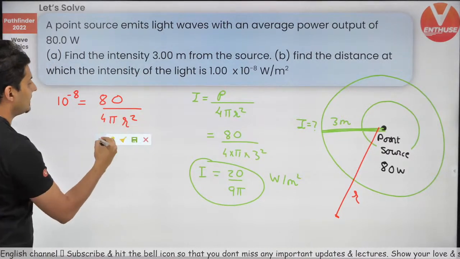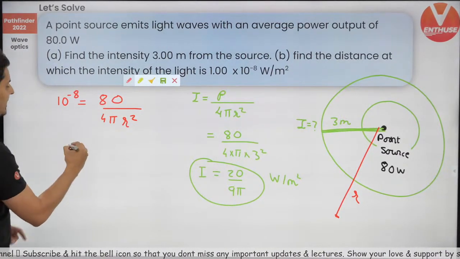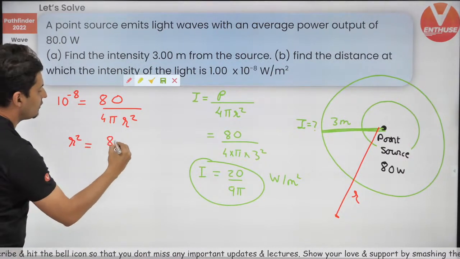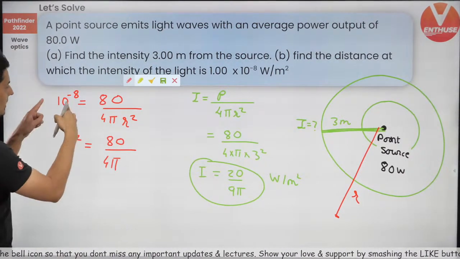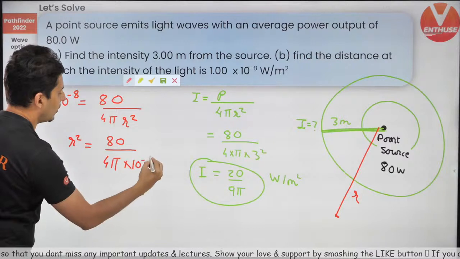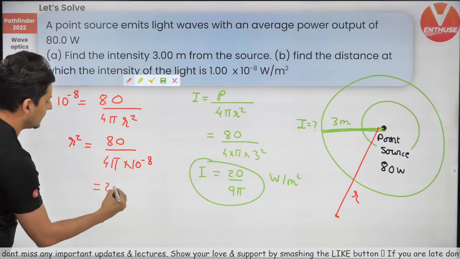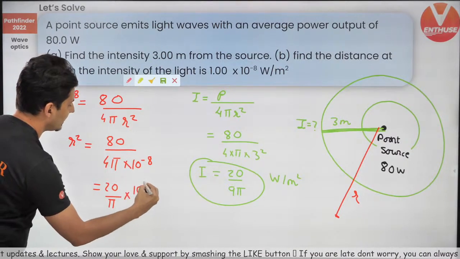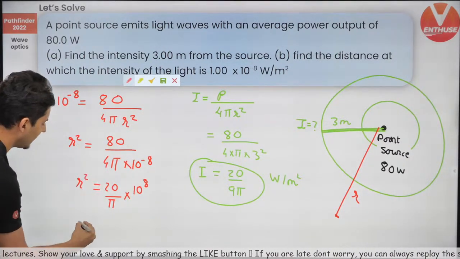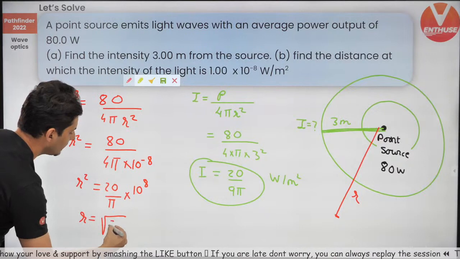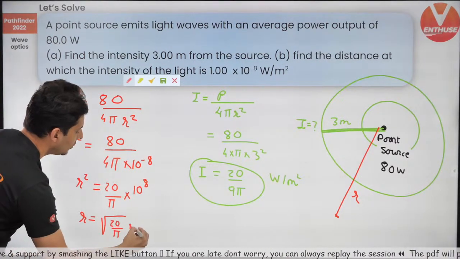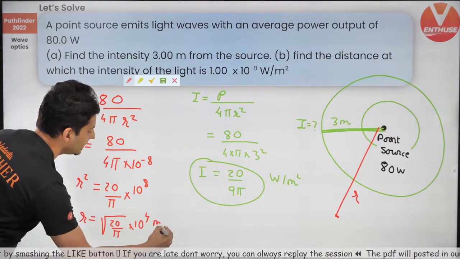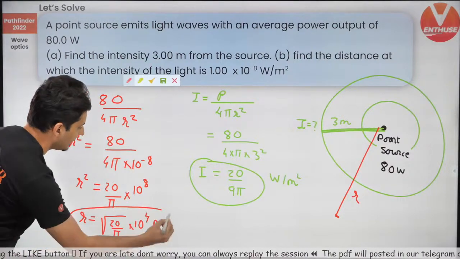I do not know that distance, so r square comes here. 80 by 4 pi remains as it is. 10 to the power minus 8 comes below. 80 by 4 is 20 and this is pi, and when it goes on the top it will become 10 to the power 8. So that's r square. So r will become root of 20 by pi into 10 to the power 4 meters. So that is the second answer.